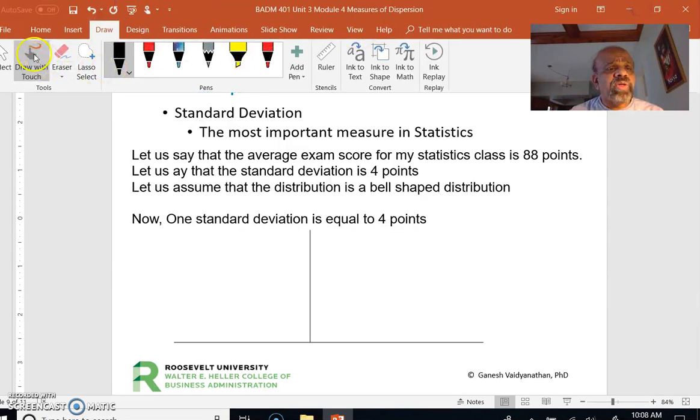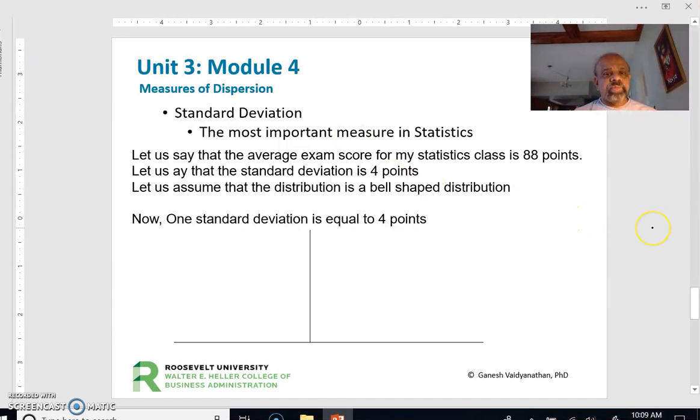So let's talk about 1 standard deviation. Let's say that the average exam score for my statistics class is 88 points. Let's say that the standard deviation is 4 points. This is what I calculated over a period of time.